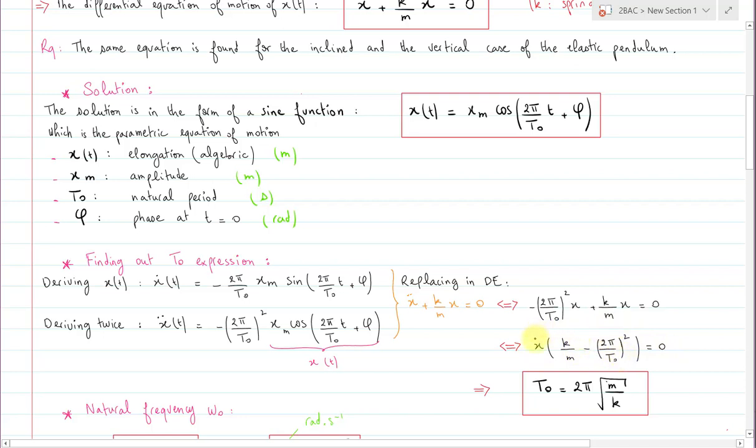Mathematically, one of them should be equal to 0. Since we know that x is not equal to 0 all the time, this term should be the one that's equal to 0. And putting this equal to 0 gives me the expression of t0, which is 2 pi times the square root of m over k.